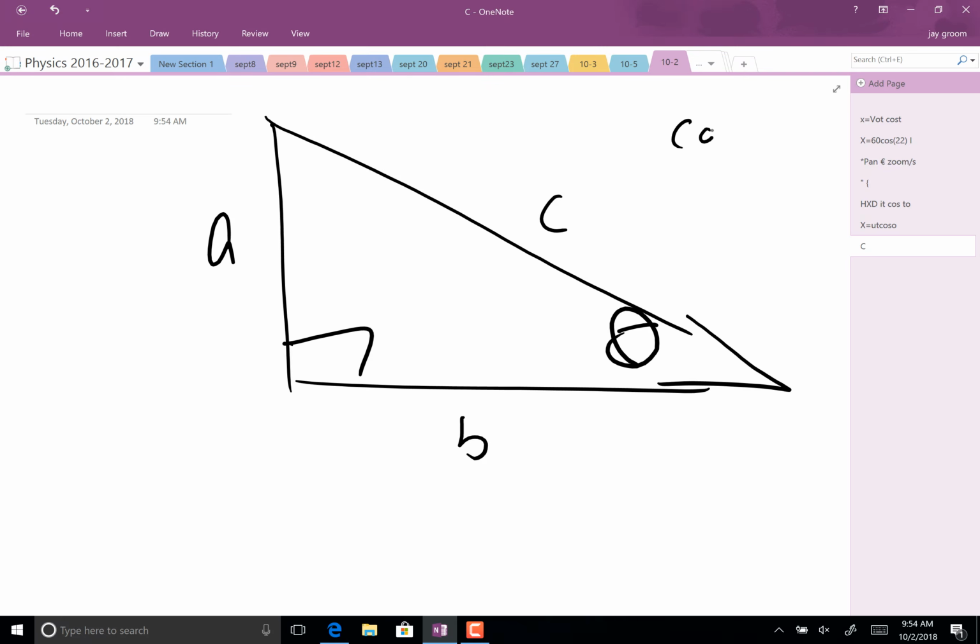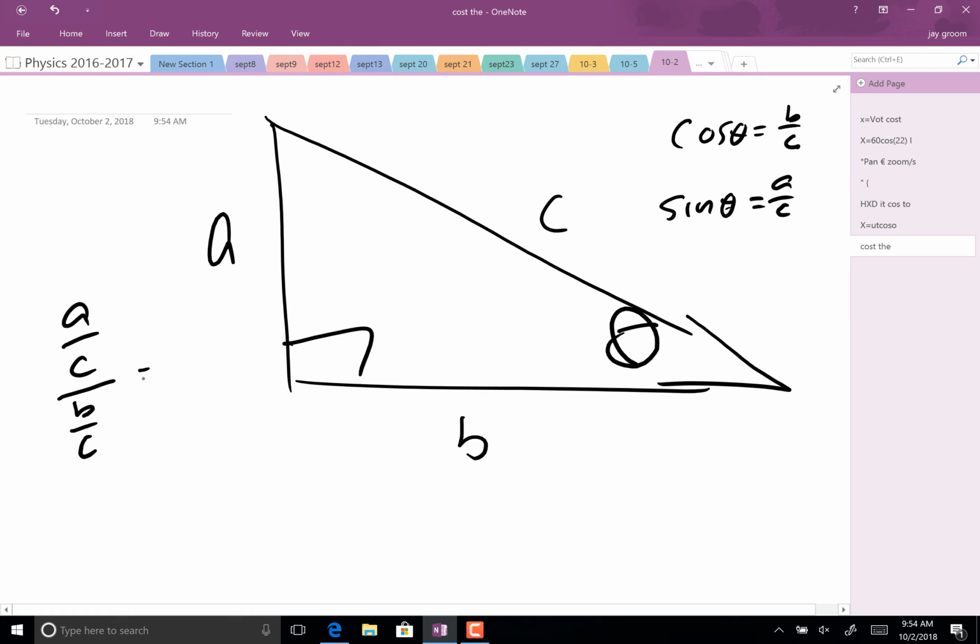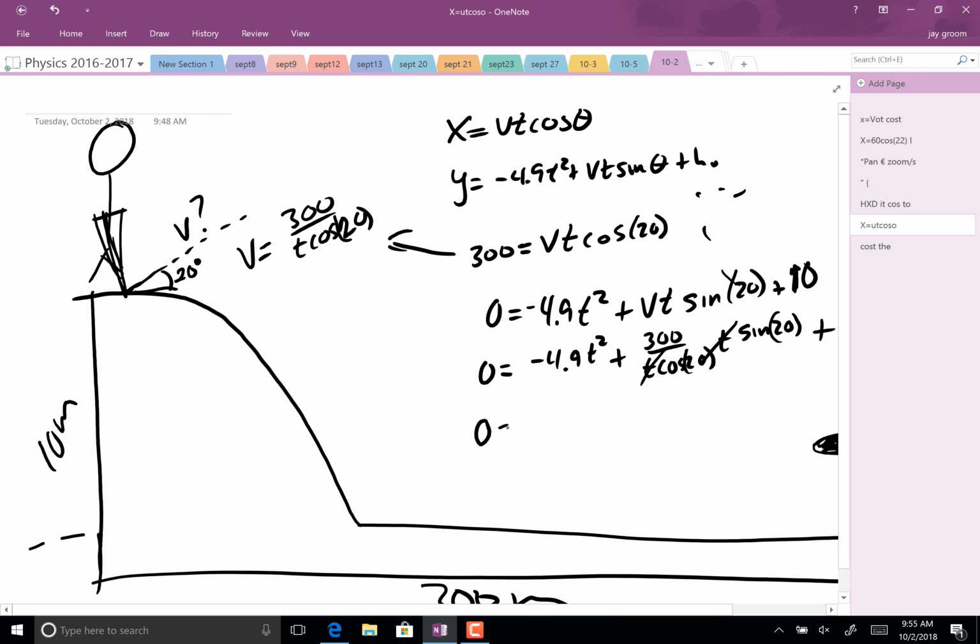So you know that the cosine of theta is B over C, right? And you know the sine of theta is A over C, yes? So what would sine over cosine be? Well, it would be A over C over B over C, which is, of course, A over C times C over B, which is A over B, which is what of theta? Tangent. Nice. So this equation then becomes this. And you thought you'd never use that crap.